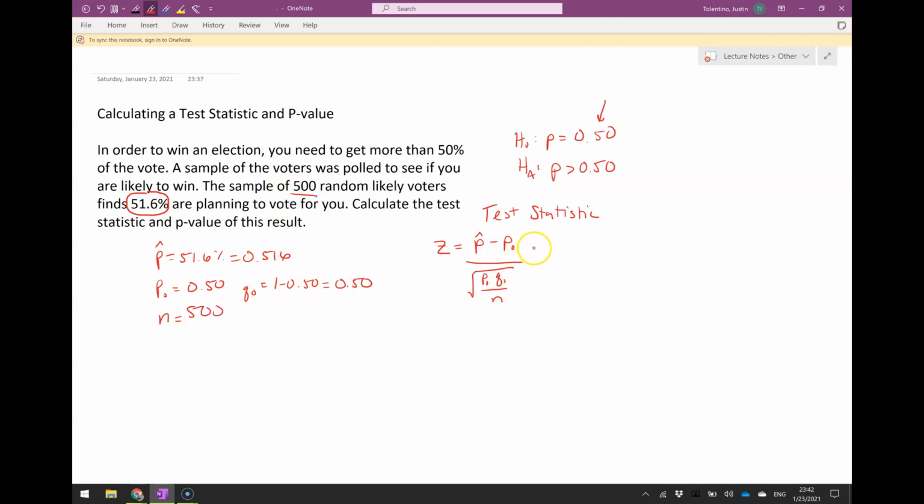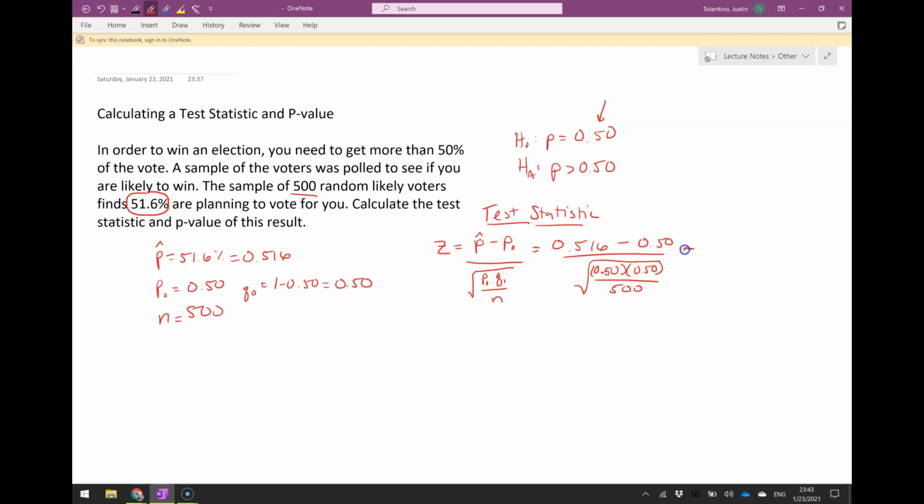So substituting all this into our test statistic formula, we get 0.516 minus 0.50 divided by the square root of 0.50 times 0.50, that whole thing all over 500.